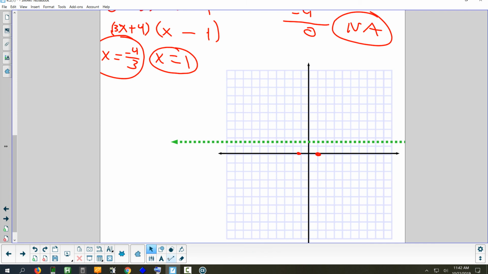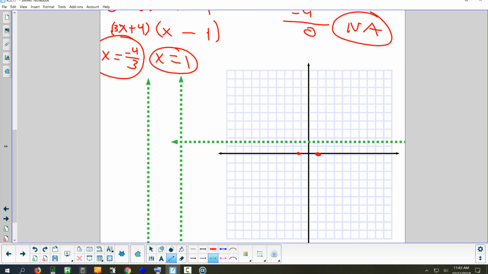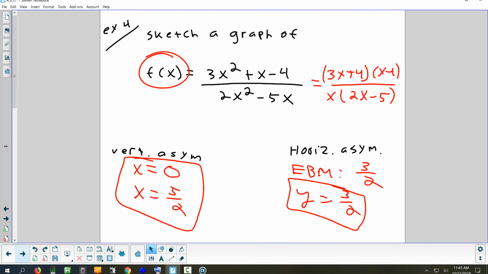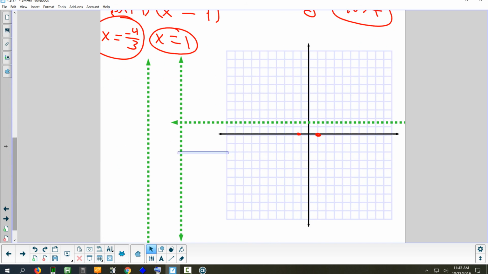Okay, so let's just throw in 2 vertical lines. 0. Oops. Can't move it. Oh, can move that one. So that was at 0.